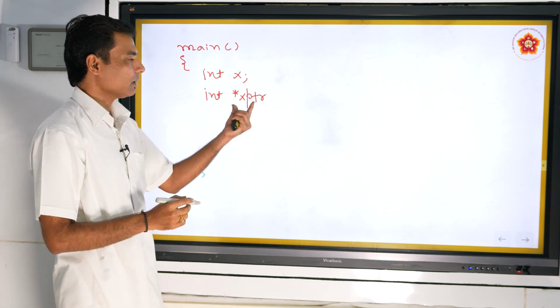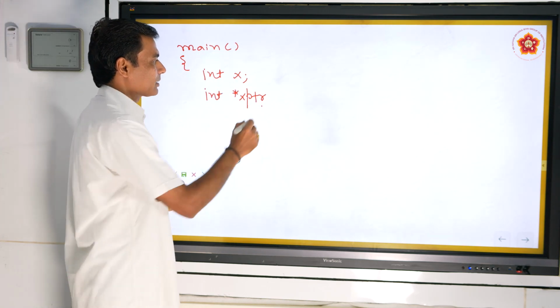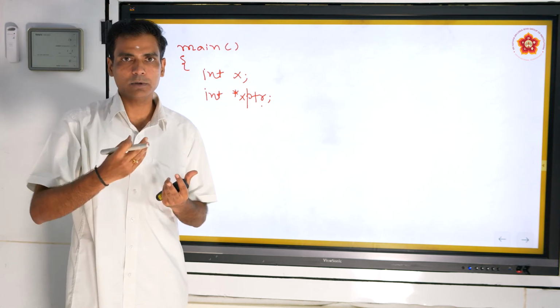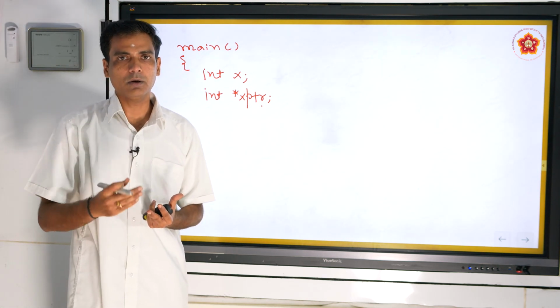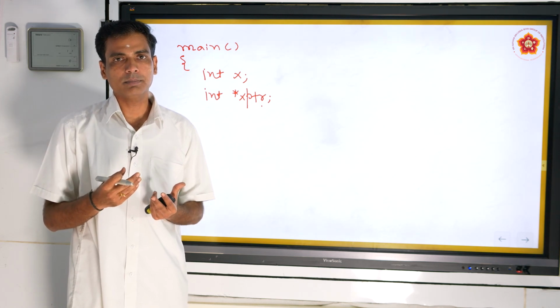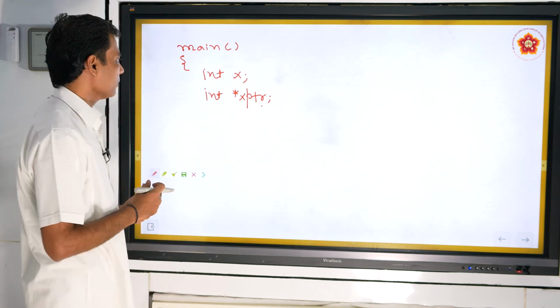I am calling it xptr so that I know this pointer is meant to point to x, although there is no rule that one pointer can point to only one variable. Later on you can change the address of the pointer and make it point to a different memory location.